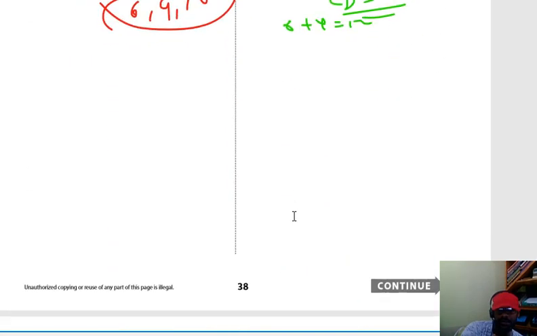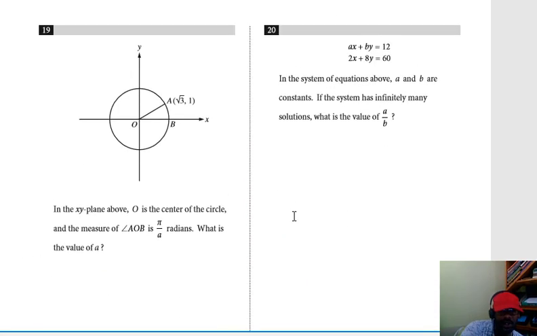This is a similarity ratio. In the xy plane above, O is the center of the circle. The measure of angle AOB is pi over a. What's the value of a? Okay, this is an application of trig and coordinate geometry at the same time. Let's say this angle is theta.